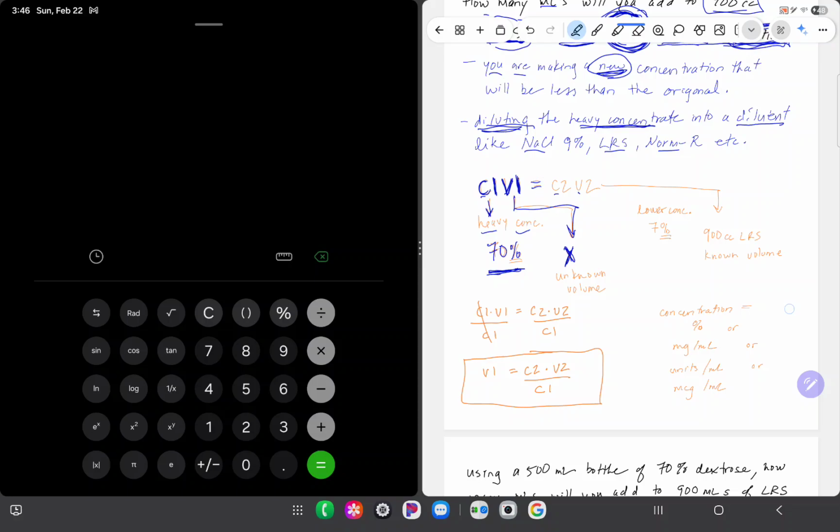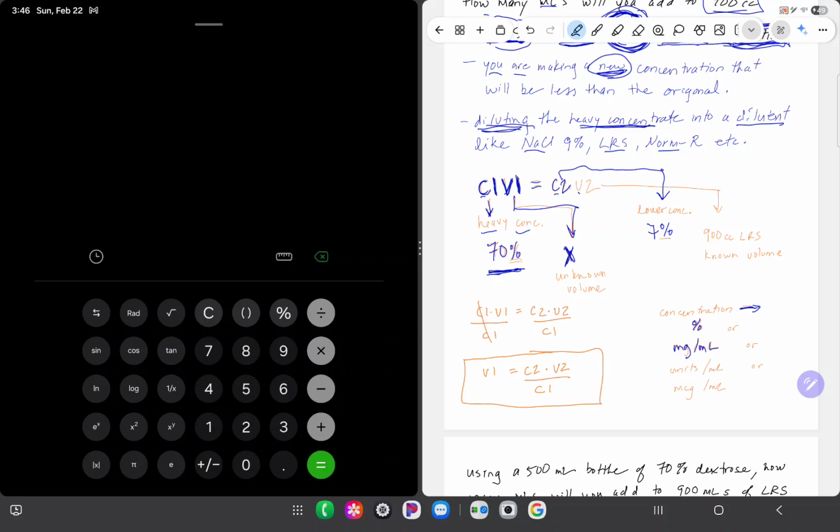Okay. Now the opposite side is C2, concentration 2. We know that is the lower concentration, and in our problem it said 7%. Again, C meaning concentration, and concentrations can be a percent. A concentration can also be mg per mil, units per mil, mic per mil, or KCl, which is milliequivalents per mil.